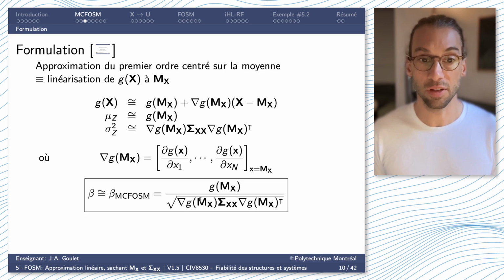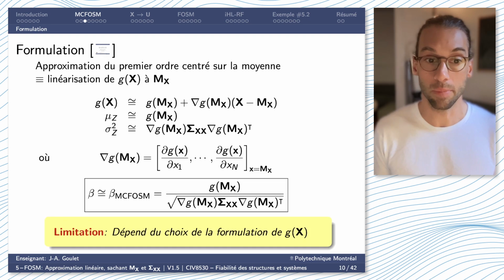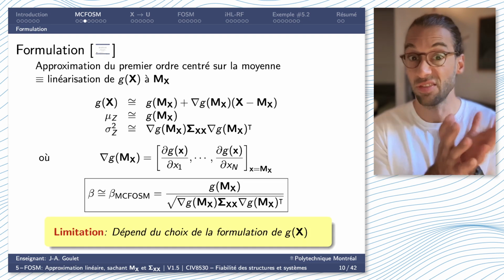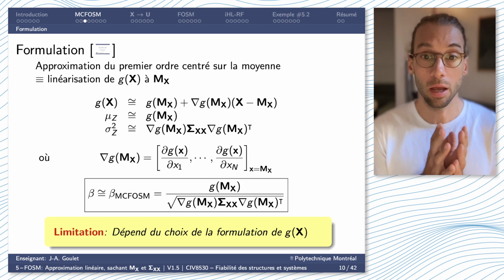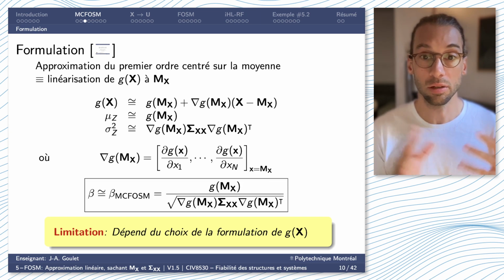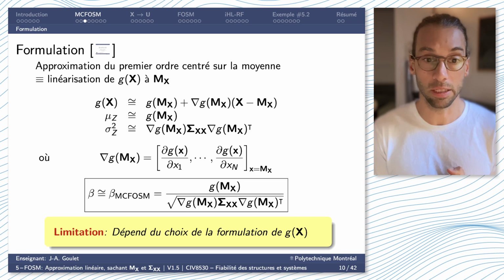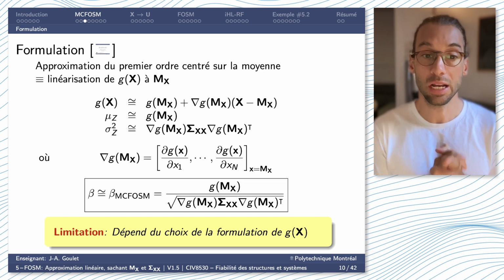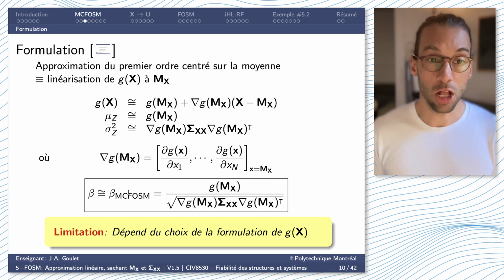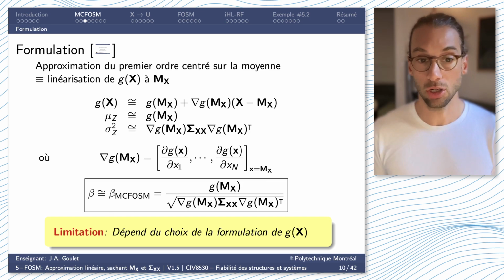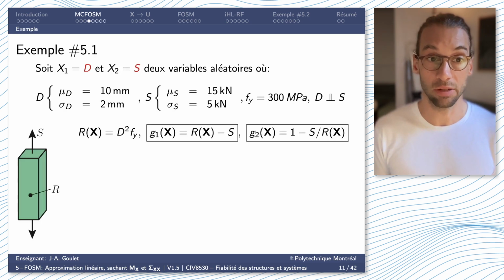This is the definition of my MCFOSM beta. This is very easy and super practical to apply. It doesn't involve much implementation, but the limitation is that the quality of our approximation depends on the formulation of our limit state function.